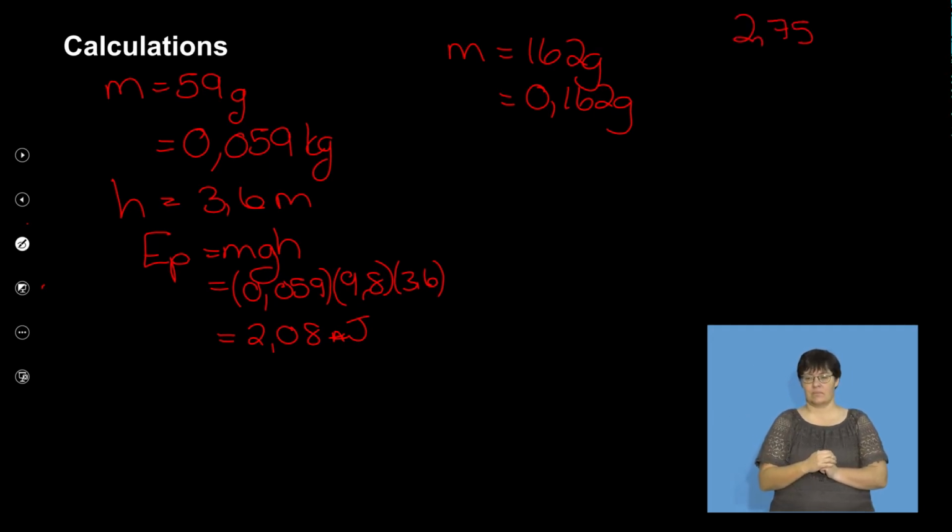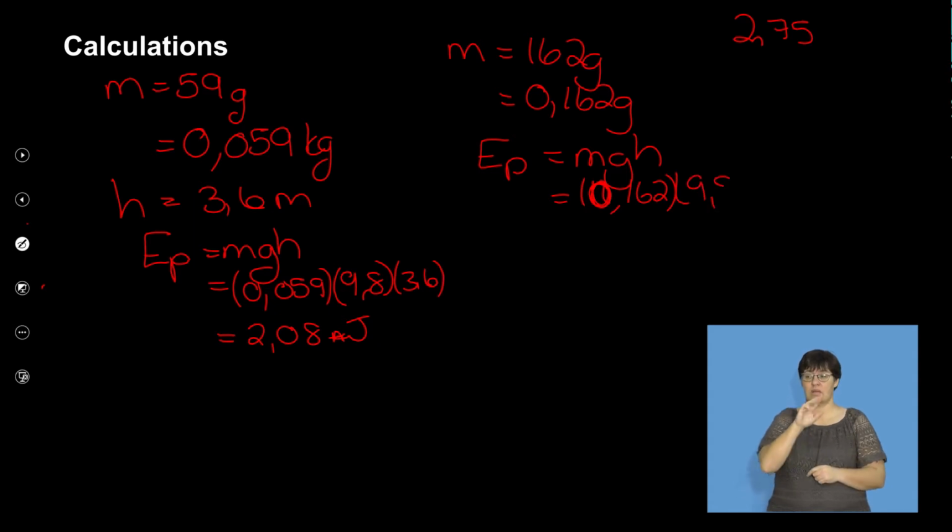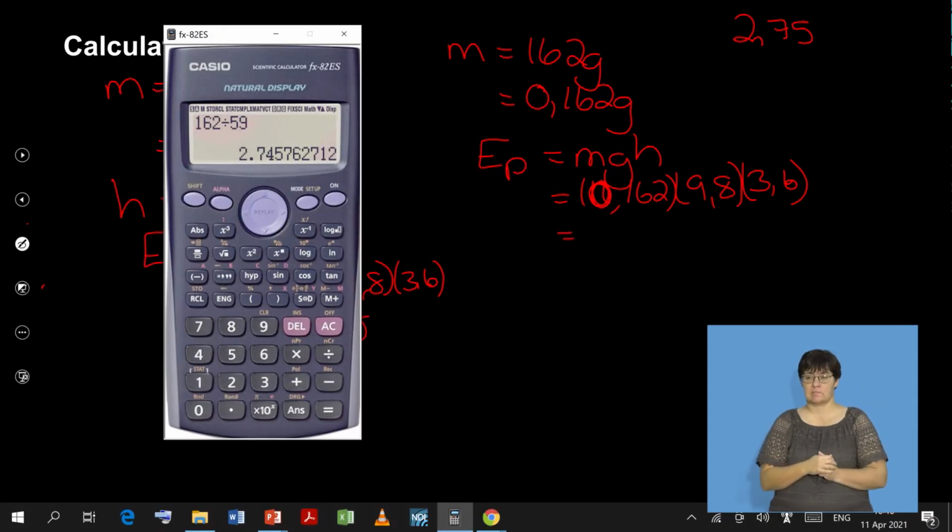Now we can go EP equals mgh, 0.162 times 9.8. The height was 3.6. Let's calculate that quickly. 0.162 times 9.8 times 3.6. And we get 5.72.